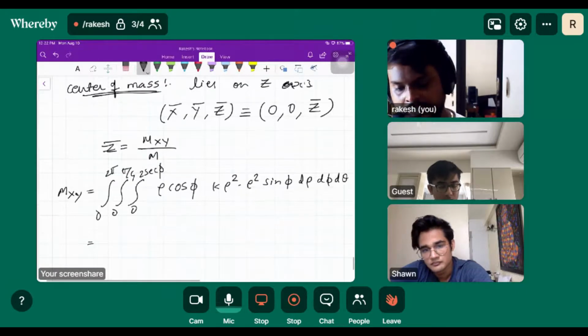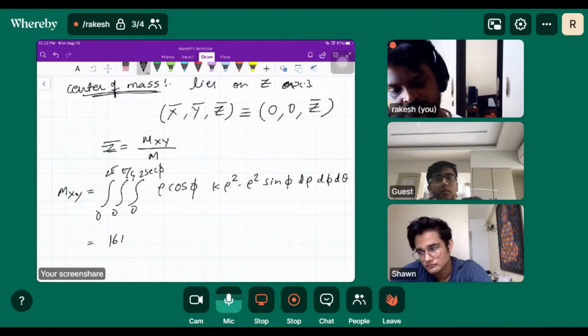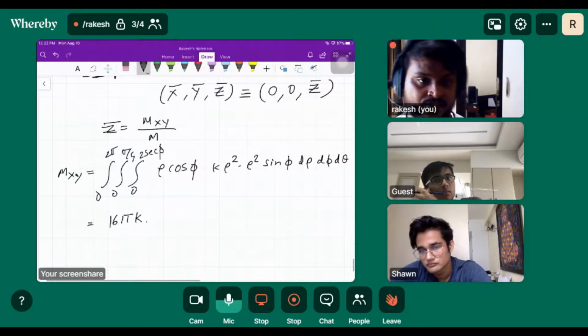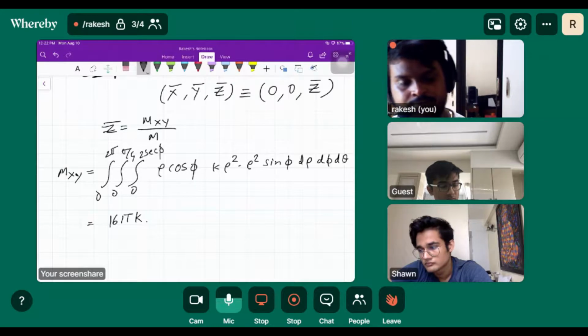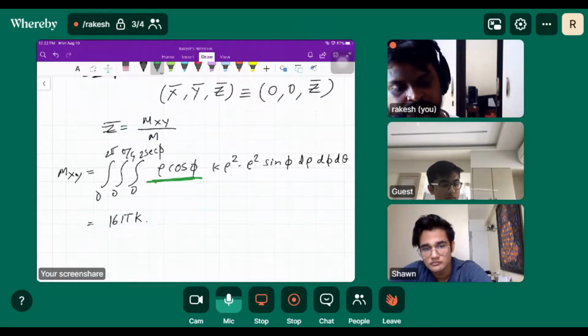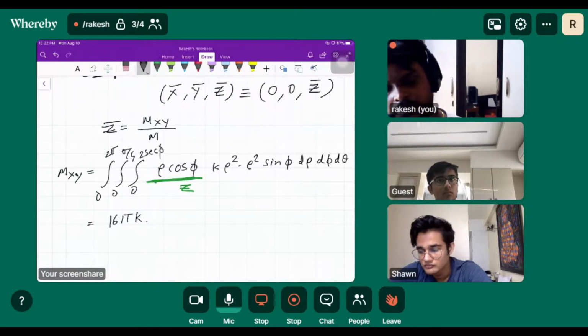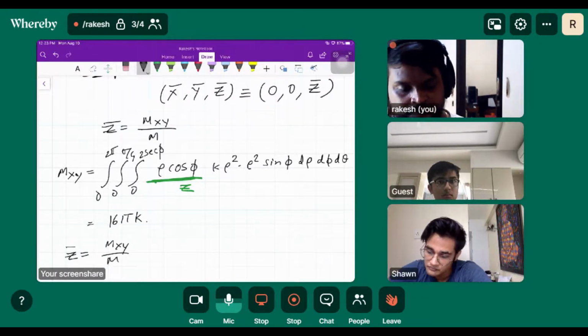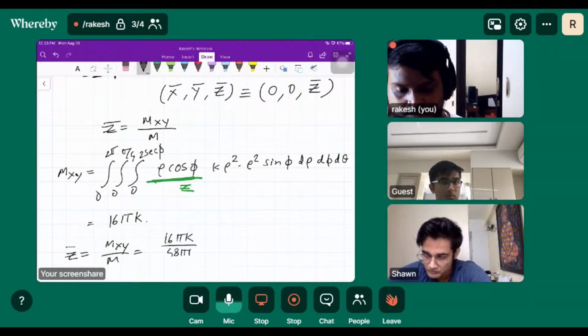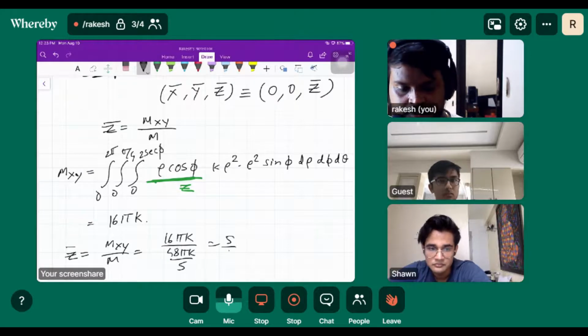Okay, I give you the answer here. That's 16 pi k. These are homework questions. Remember, 16 pi k. This is mxy, and Z bar would be mxy upon m. So 16 pi k upon 48 pi k upon 5, which is 5 by 3.